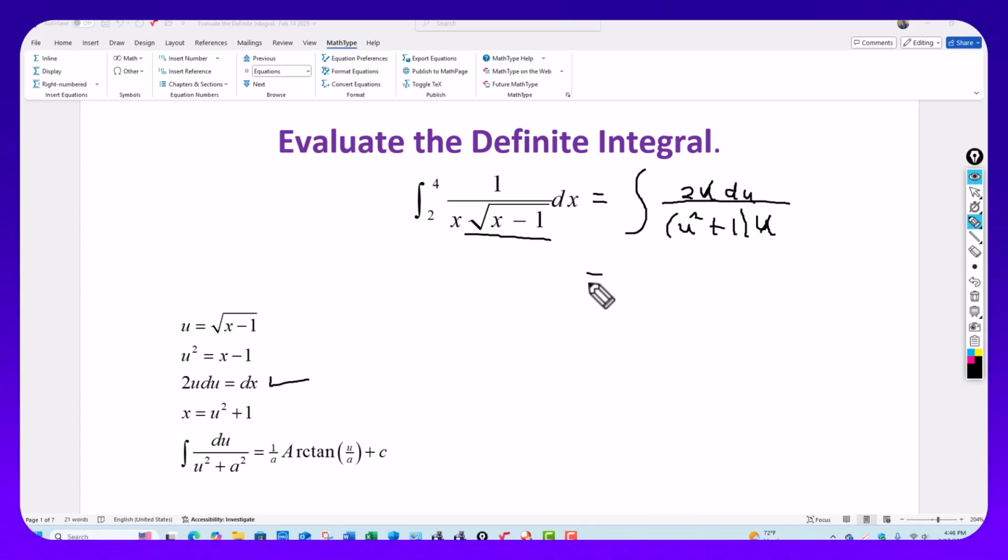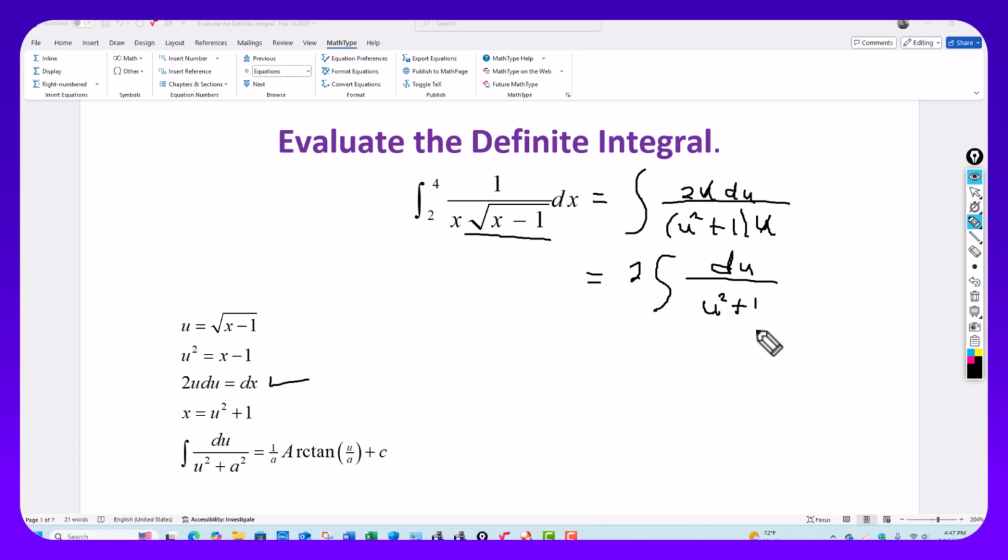So let me just rewrite this, and so you can see the solution here. I'll take the 2 out, just to make it easier to see the formula we're using. That's the du there. And that leaves me with u squared plus 1 in the denominator.